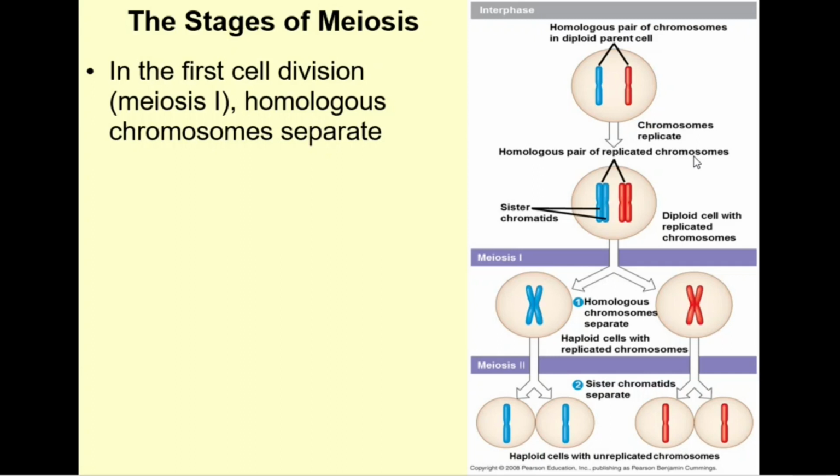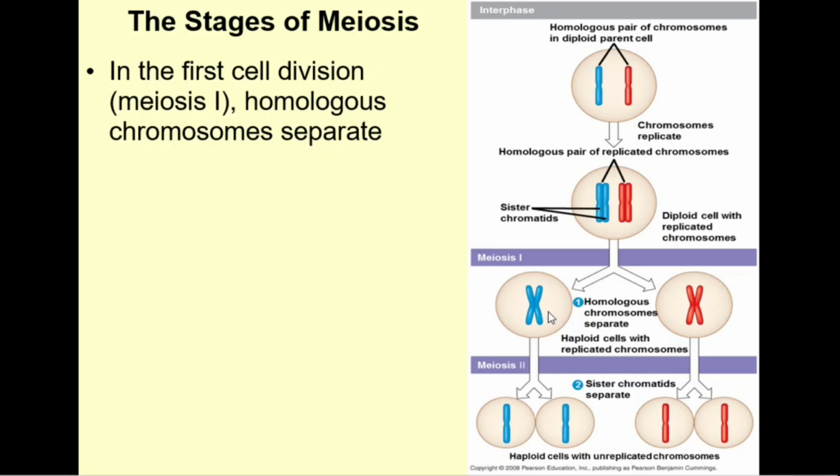So hopefully that makes sense as we do the quick run through of how meiosis reduces the number of chromosomes. We start off with a diploid parent cell. We undergo meiosis I that separates the homologous chromosomes. So we end up at the end of meiosis I with 2 daughter cells that are now haploid.